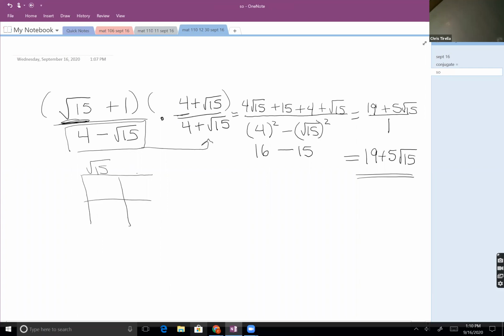If you're a boxer, radical 15 plus 1 times 4 plus radical 15 gives me 4 radical 15 plus 4 plus 15 plus radical 15, which are the same terms that we got FOILing, and you go to the same place. That one okay?